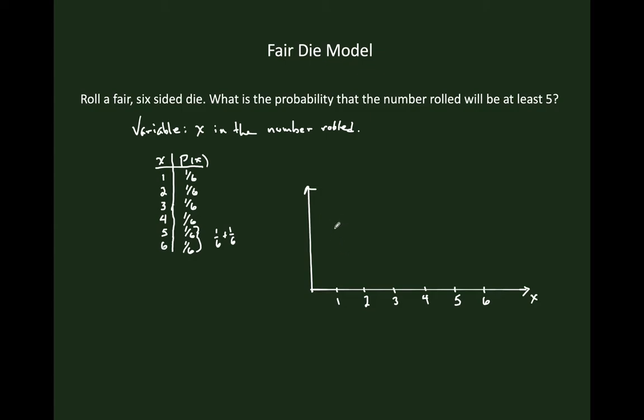And I might put a dot over each number to represent these individual probability values. And I'll label my vertical axis with 1/6. Now, notice that the probability for each possible x value here is equal, the same. And that's why we refer to this as a uniform distribution.